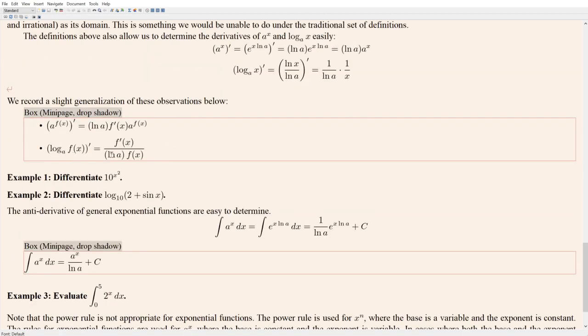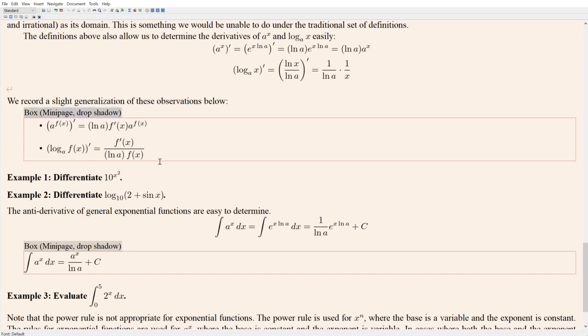So I record these observations in the box below. So here I'm just generalizing it a little bit by using the chain rule. So if we have a to an x to a whole expression, then this is log a, derivative of the expression, a to the f. So leave it alone, multiply by the derivative of whatever is up here, and multiply by the log of the base.